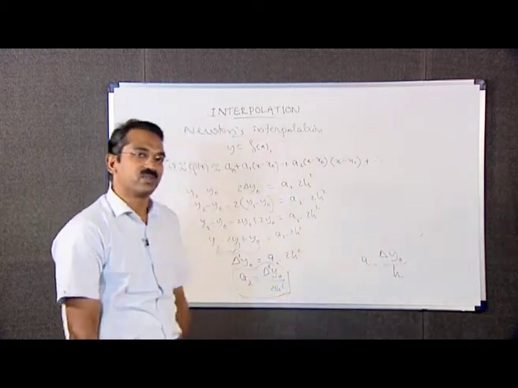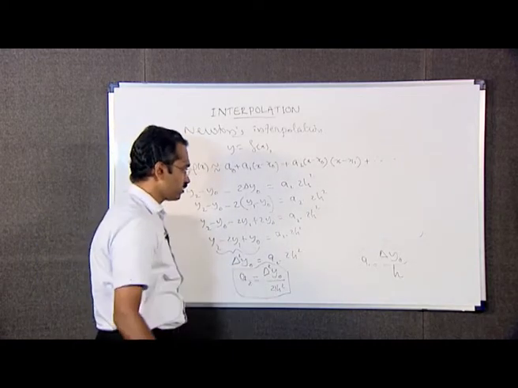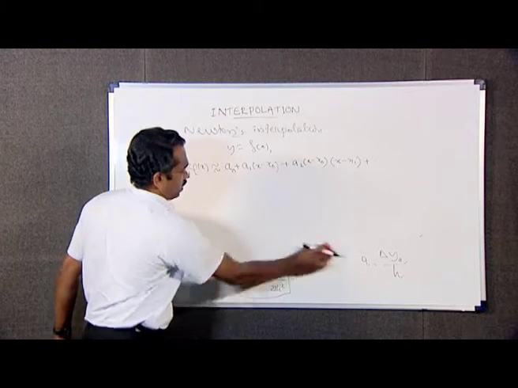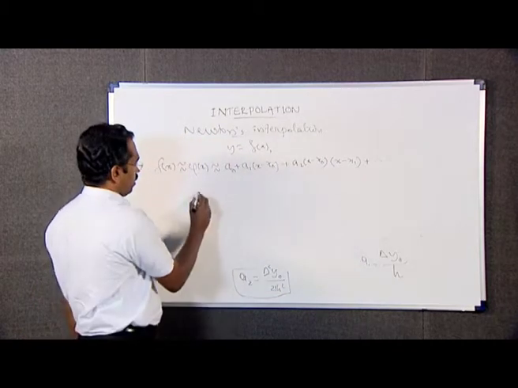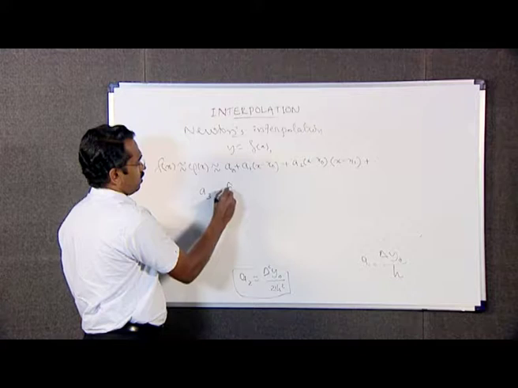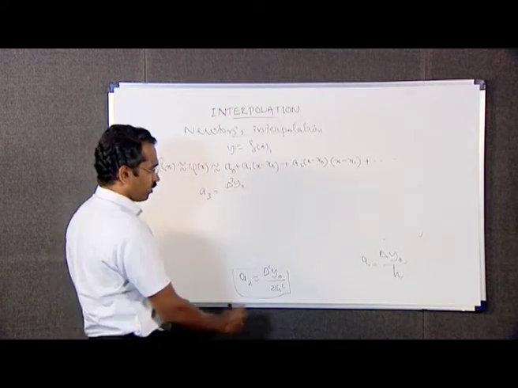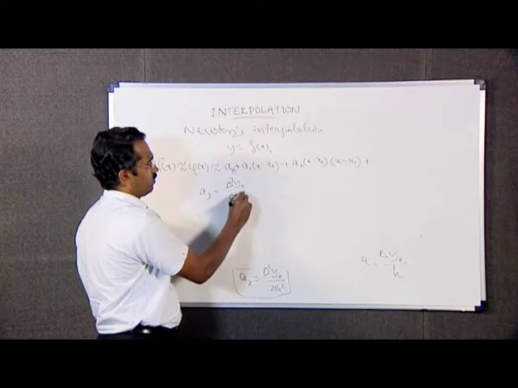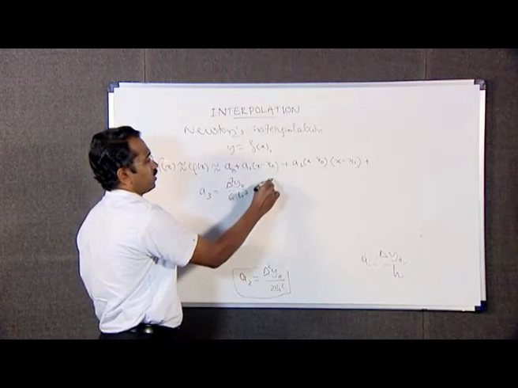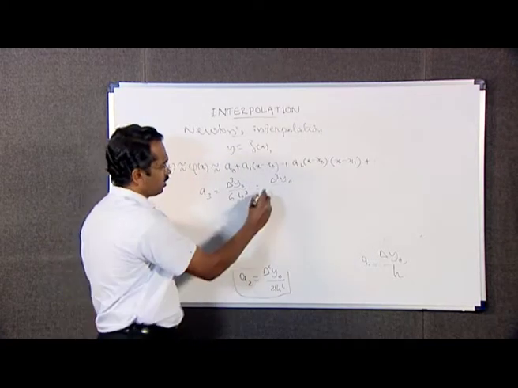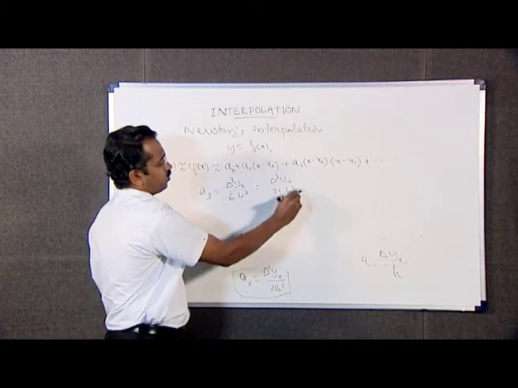Similarly, by putting x equal to x3, we will get a3 as delta cube y naught divided by 6h cube. That is delta cube y naught divided by 6, which is 3 factorial, h cube.